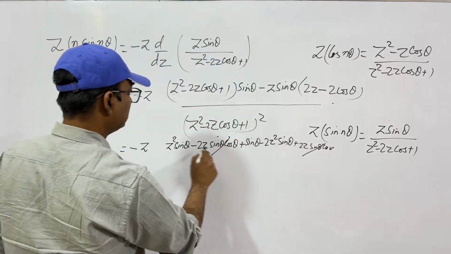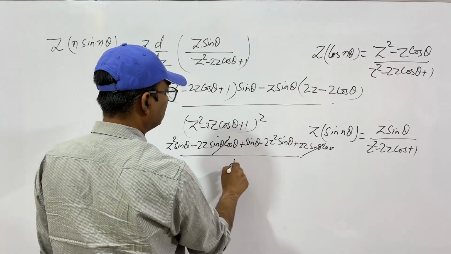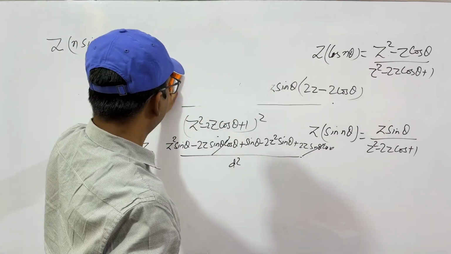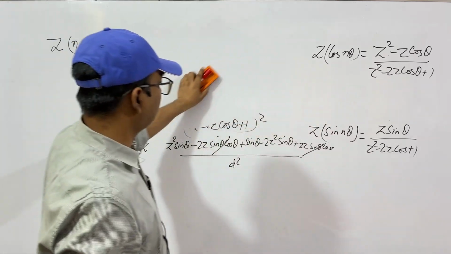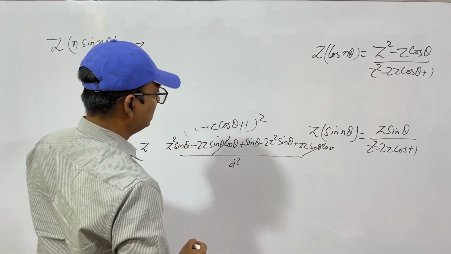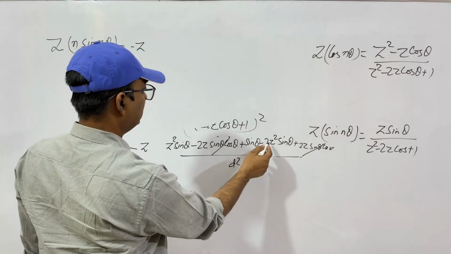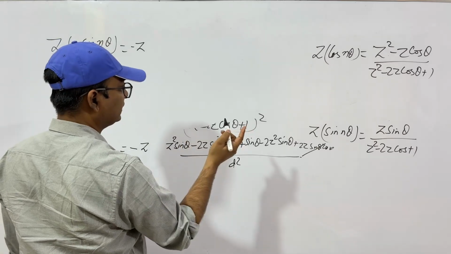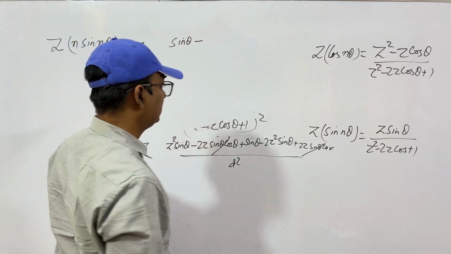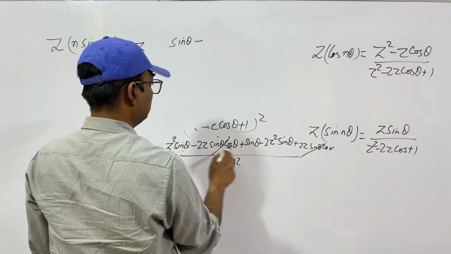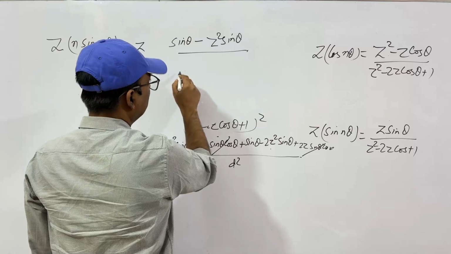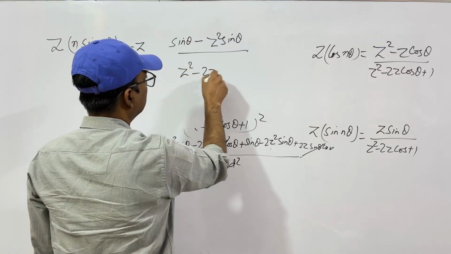So this cancels this, by the square of the denominator. What we get is minus z into, this cancels, so what we get is 2z square minus z square, so it is on the minus side and we have sine theta. So it is sine theta minus z square sine theta, by the square of this.